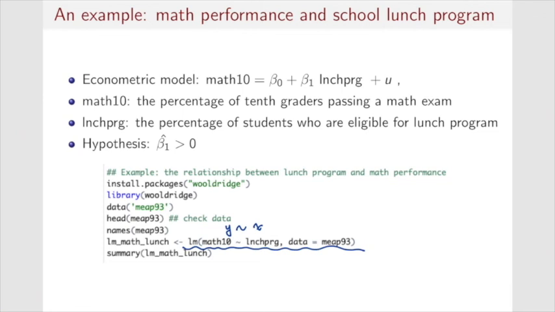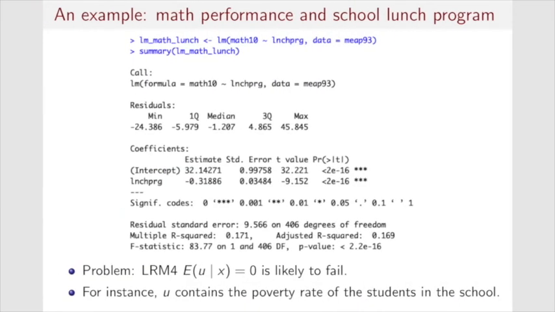Then we call summary to check the regression results. Beta 1 hat is equal to minus 0.32. It means that a higher coverage of the lunch program is associated with a decrease in the performance on the math exam. Can we trust these results?